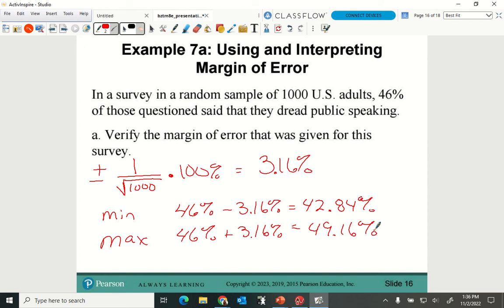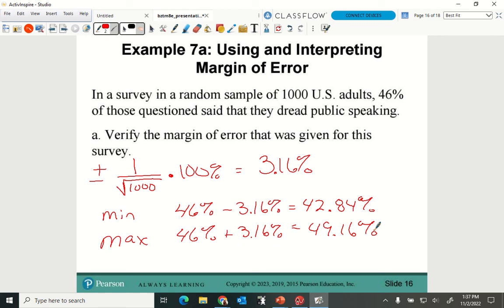Now the polling and the surveys that we're talking about are always wrong. The polling is wrong because if we're talking about U.S. adults, that currently is over 300 million adults. And you think a sample size of 1,000 is enough to actually identify and get everyone's opinion of what they think?